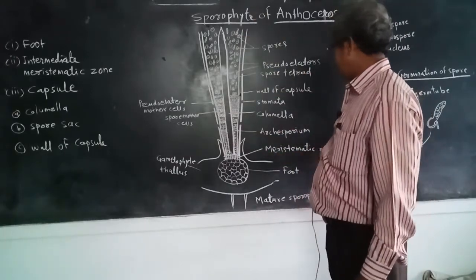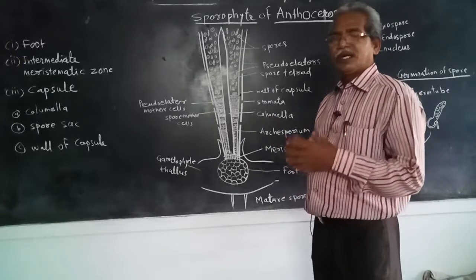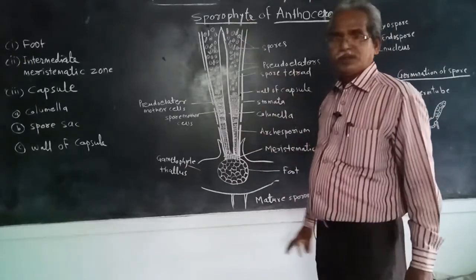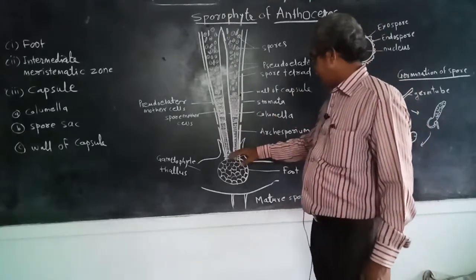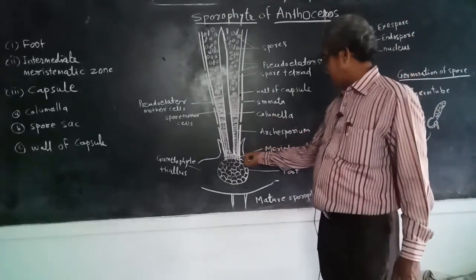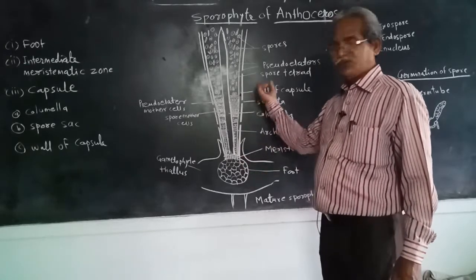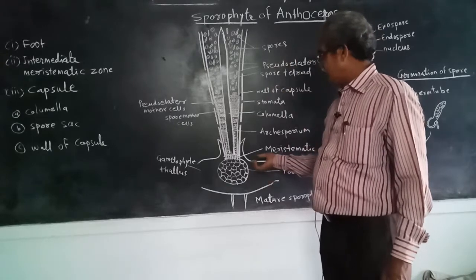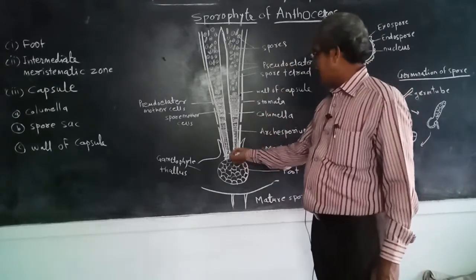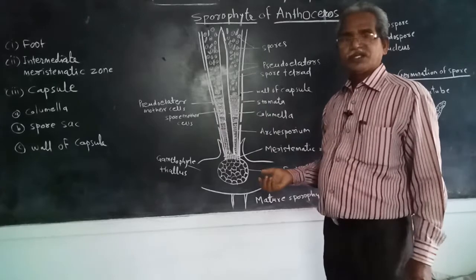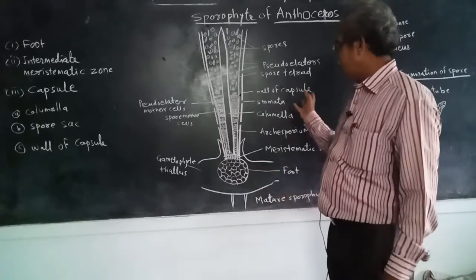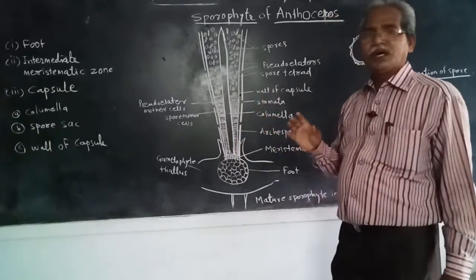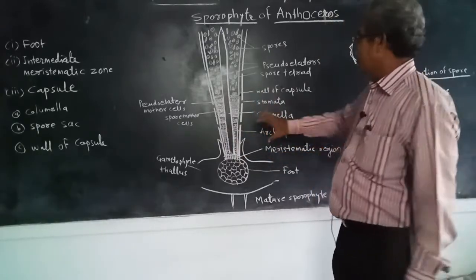The meristematic cells just below the wall produce the wall. In the spore sac, they produce the sporogenous tissue. In the central part, they produce the sterile tissue called columella, and thus they are responsible for the continuous growth of the capsule.